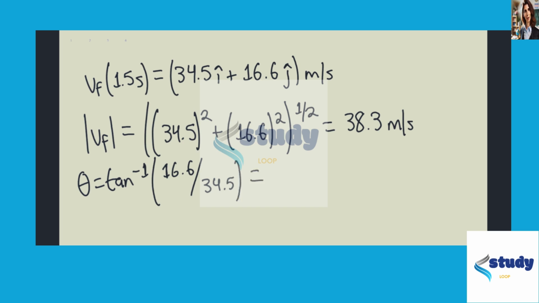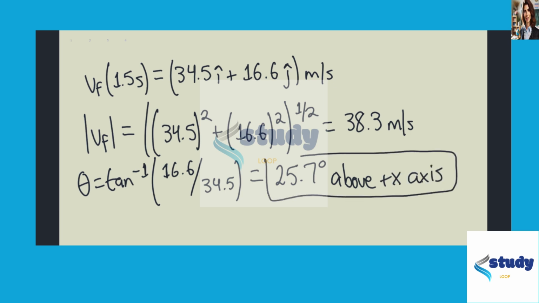And this is giving us 25.7 degrees. We have a positive y and a positive x, so this would be in the first quadrant, essentially. So 25.7 degrees above positive x-axis. So this would be the direction and the magnitude of the velocity, again, after 1.5 seconds.